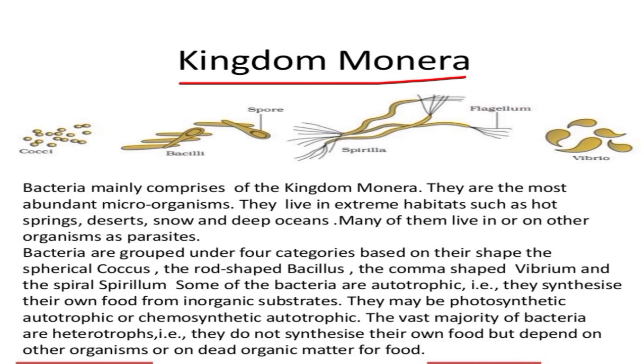So Monerans have the naked DNA, means they do not have the membrane bound nucleus, and as they do not have a membrane bound nucleus, the DNA is naked and it lies inside the cytoplasm in the coiled form, and that is known as nucleoid, or it is called the false nucleus.